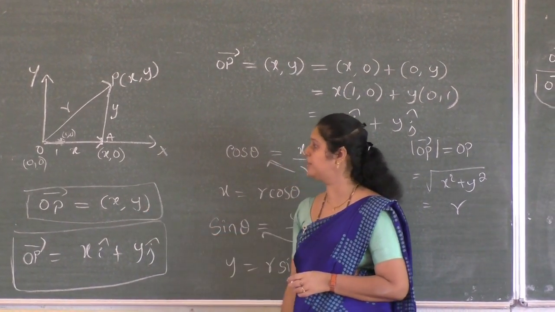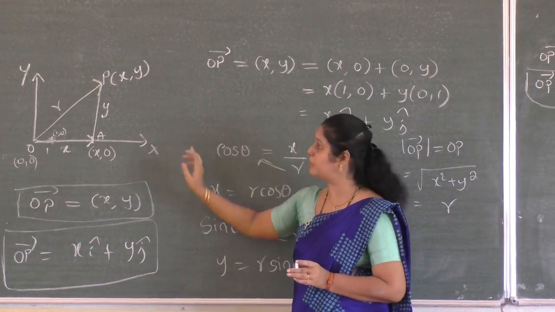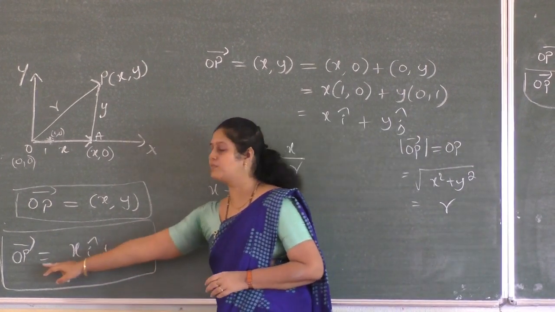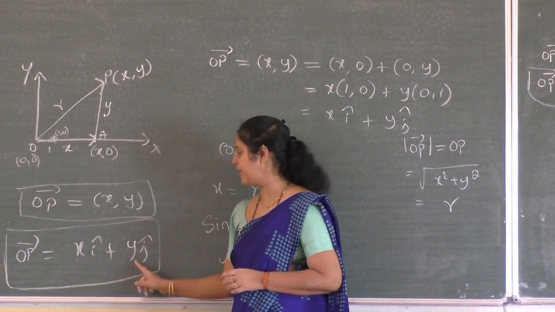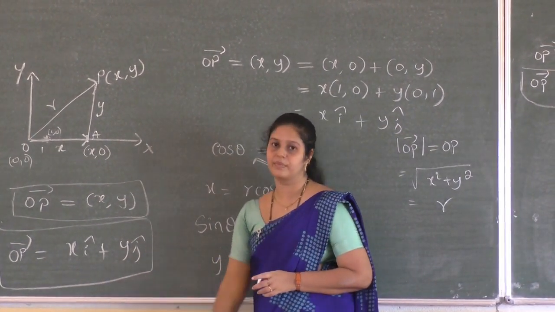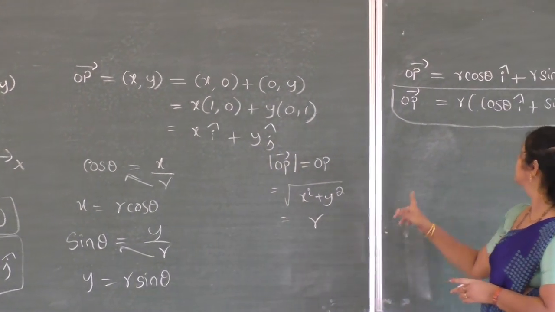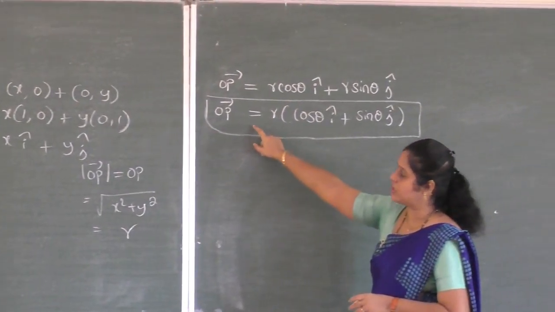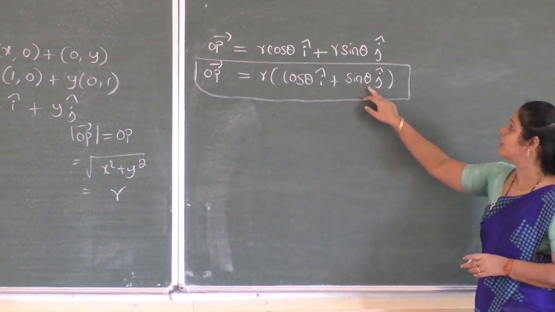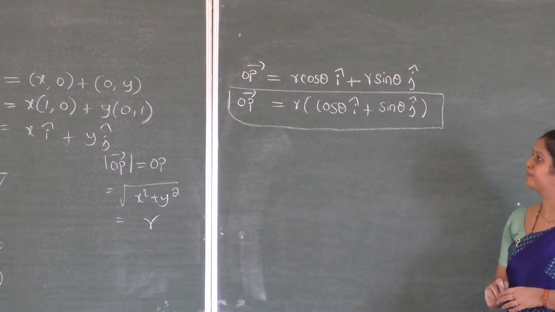That means if you take any 2D point, its terminal point is a vector. Another way is vector OP can be represented by x i cap plus y j cap. That is the linear combination of non-collinear vectors. Then the third way we can represent it is vector OP equal to r cos theta i cap plus r sin theta j cap.